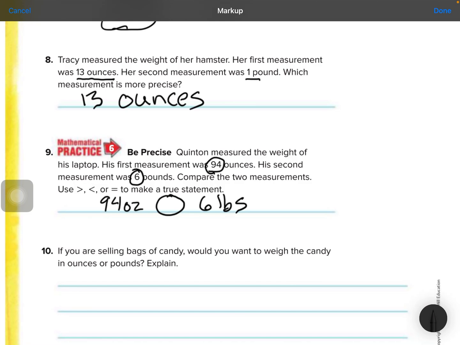LBS, there we go. Well, to do that, we need to do 16, that's how many ounces are in a pound, times 6. 6 times 6 is 36. 6 times 1 is 6, 7, 8, 9, 96. Now we can definitely compare the two, and we can say that 6 pounds is greater than 94 ounces.